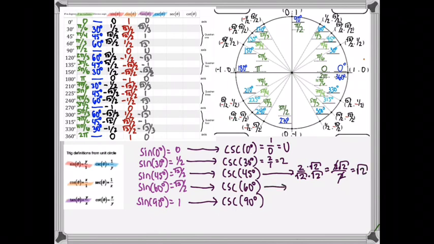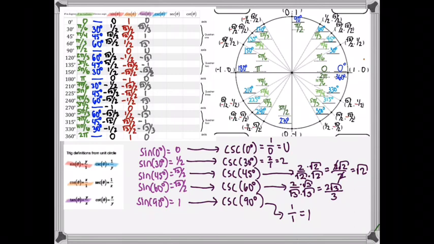For this one, we take the reciprocal of square root of 3 divided by 2, and we get 2 divided by the square root of 3. Multiply the top and the bottom by the square root of 3, and we get 2 times the square root of 3 all over 3. And then finally, we have 1. The reciprocal of 1 is 1 over 1, which is 1.